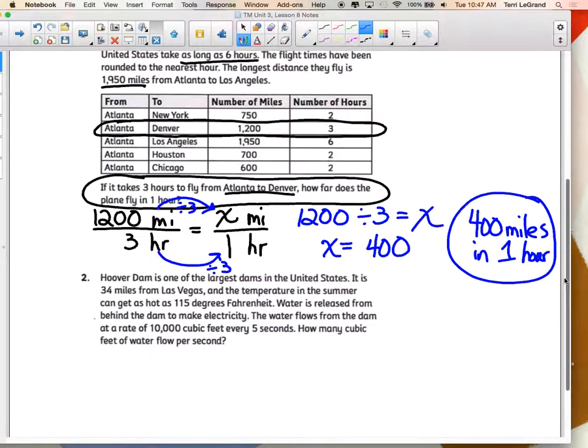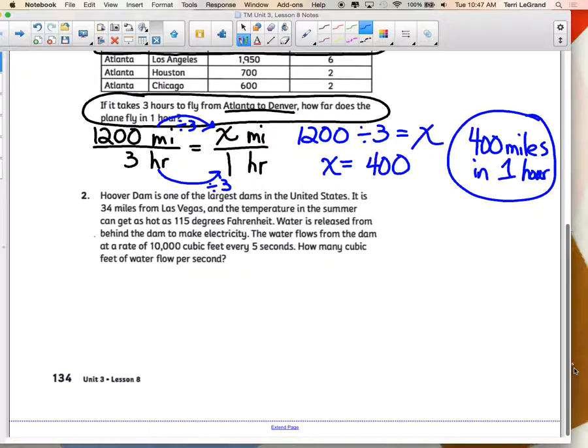Okay, let's go on to number 2. Who would like to read that out loud for us? Nice and loud and clear, please. Hey, Harley. Beaver Dam is one of the largest dams in the United States. It is 35 miles from water. How far? 34 miles. And the temperature in the summer can get as hot as 115 degrees Fahrenheit.